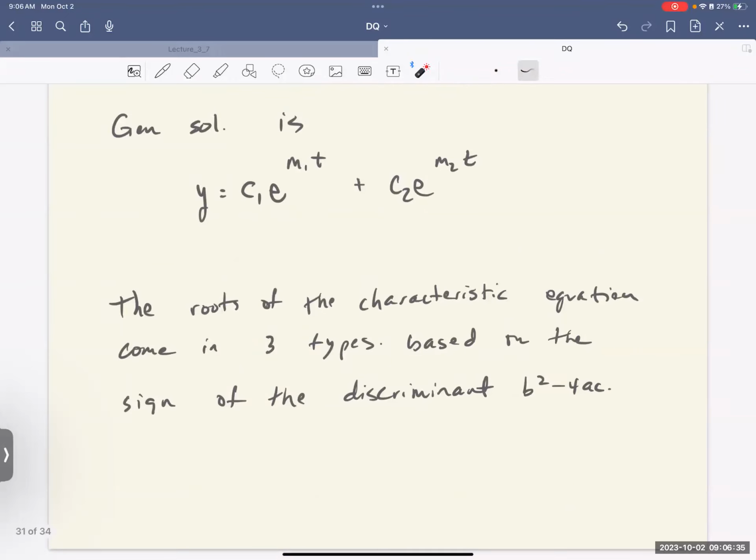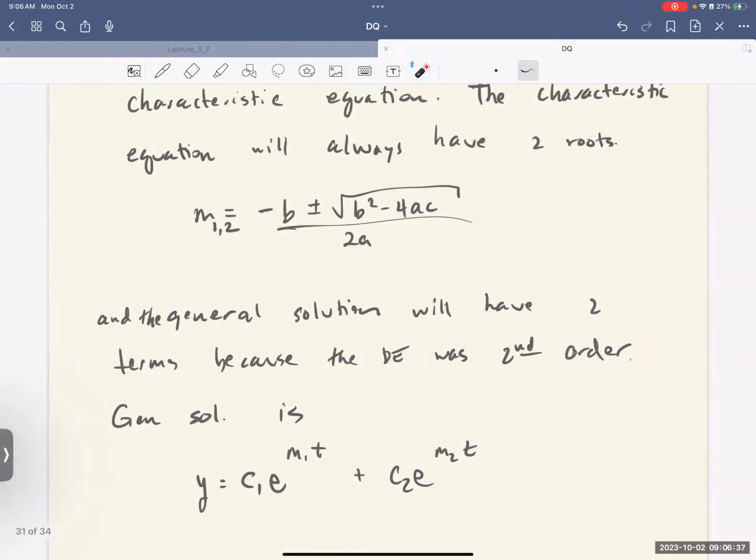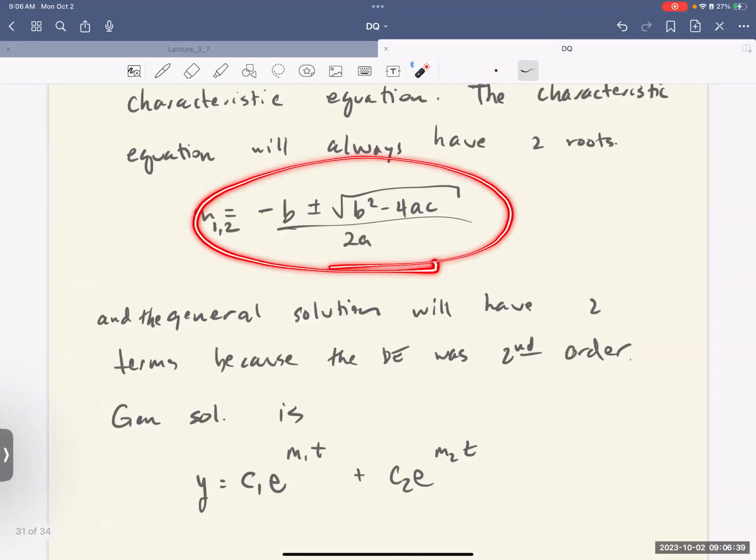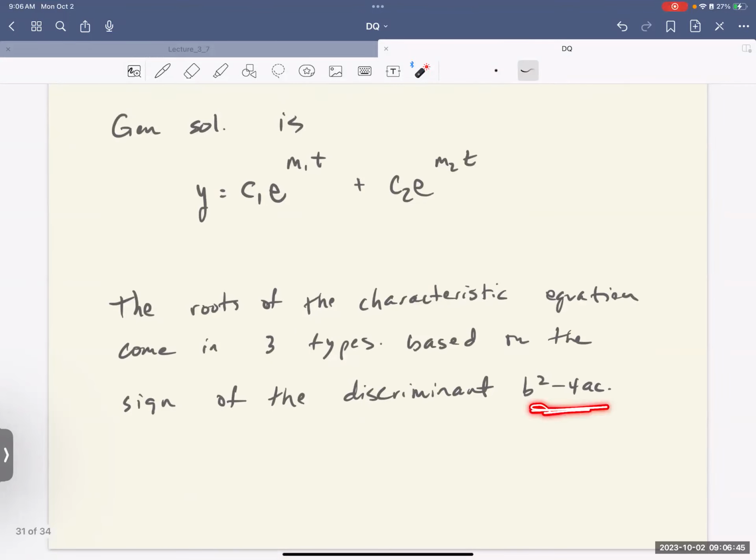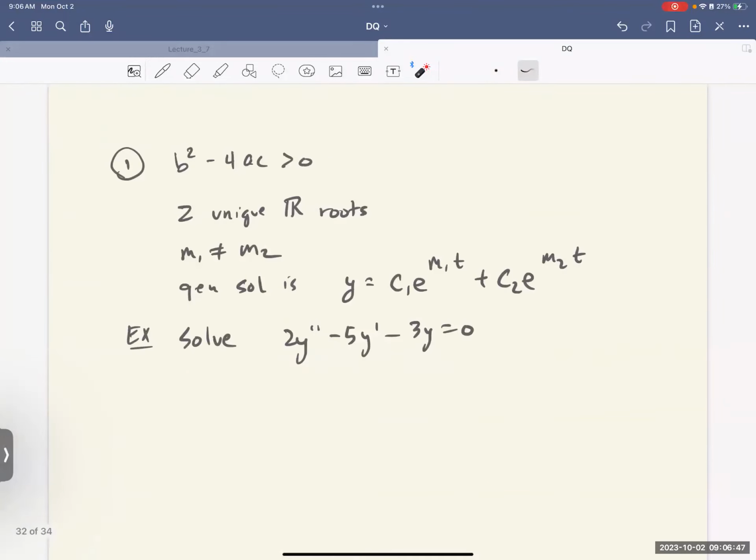And because of how quadratics work, these roots come in three different types based on the sign of the discriminant, the b squared minus 4ac. If the discriminant is positive, then we're going to get two unique real roots.